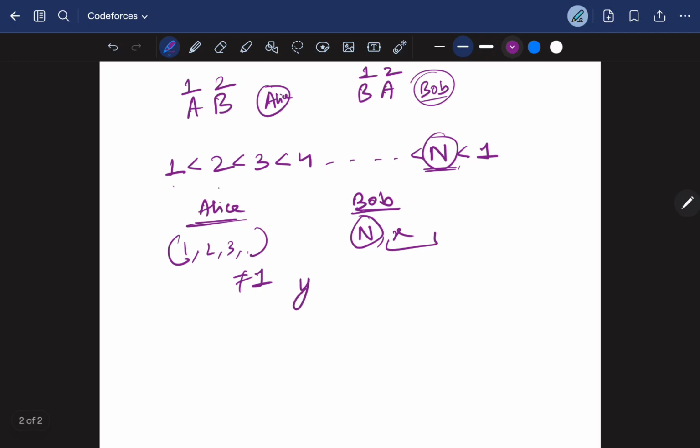Suppose Alice plays some y which is not equal to 1, then Bob can simply play the last card and win this game. If Alice plays the first card, in that case Bob will place this x. This x can be anything, 2 3 4, anything, but it is assured that it will be greater than 1.